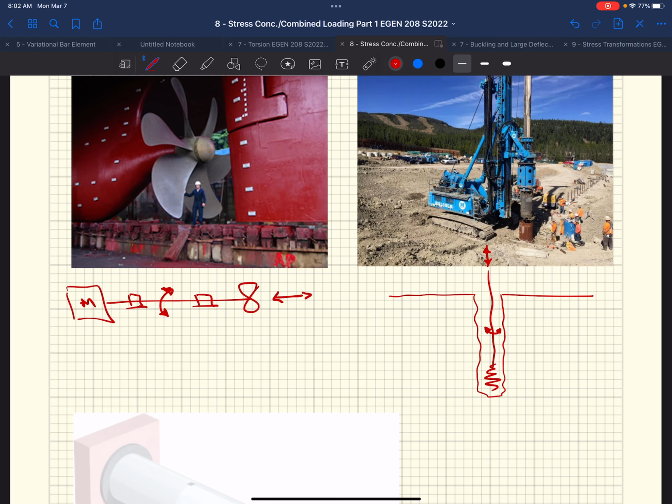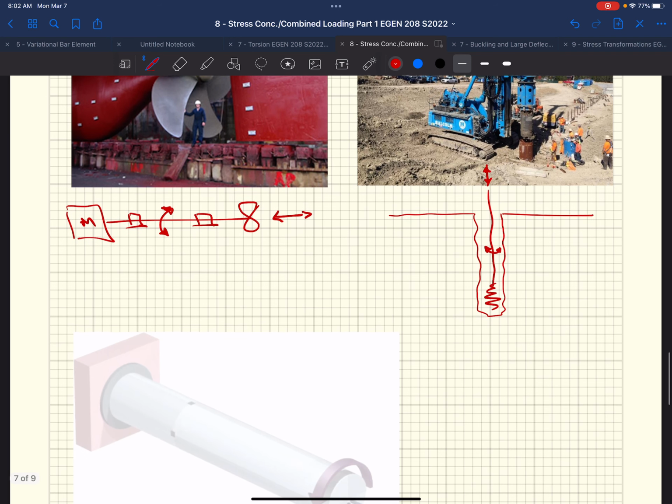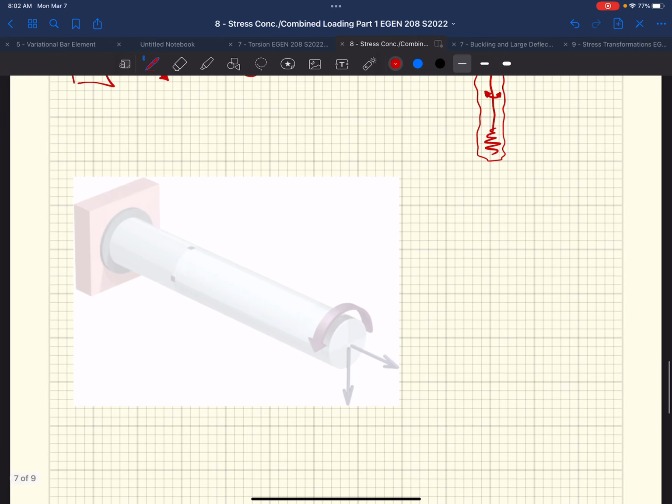Had an example here of the big retaining wall they're holding back Andesite Mountain up in Big Sky so that their new lodge building won't fall down the hill. So they drill a bunch of shafts, fill them with concrete and rebar. They also do big tiebacks where they drill back into the ground. They grout in a steel cable, and then they jack that steel cable from the surface and then put a big retaining wall that we're essentially pushing back on the mountainside also. So we have these cases where we're going to have combined loading.